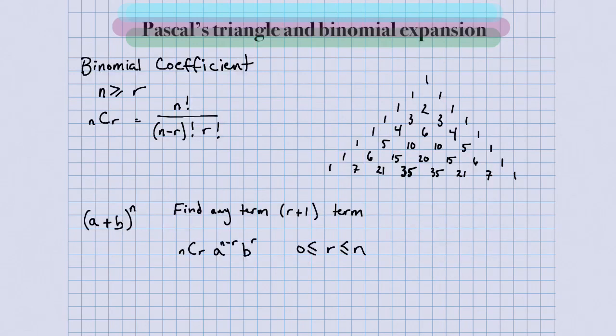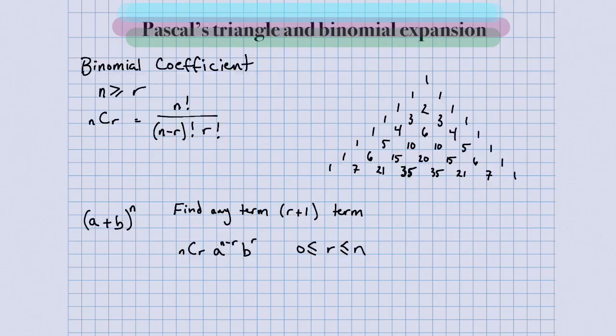Okay, here's the formula to find any term, the r plus 1 term in one of these expansions. Simply, here's the formula: n choose r, times a to the n minus r, and b to the r.